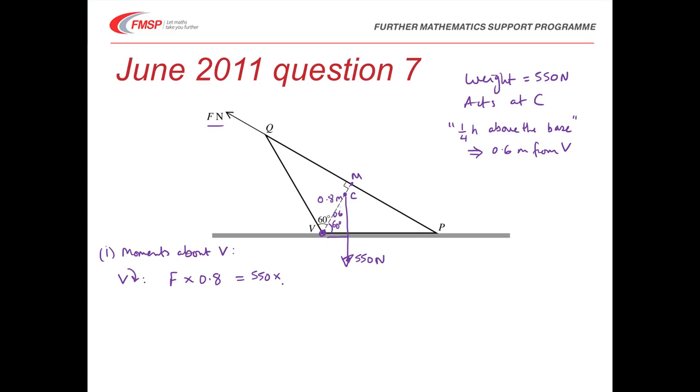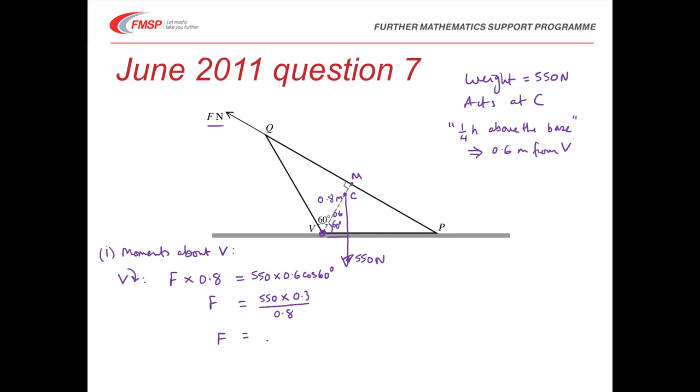I need to multiply that by the distance from V to the line of action, which is, from that triangle, 0.6 cos 60, because it's next to the angle. Well, there we go. So F is equal to 550 times 0.6 cos 60. Now, wait a minute, cos 60 is a half, so 0.6 times a half is 0.3, and I've just divided both sides by 0.8 in order to work out the value for F.